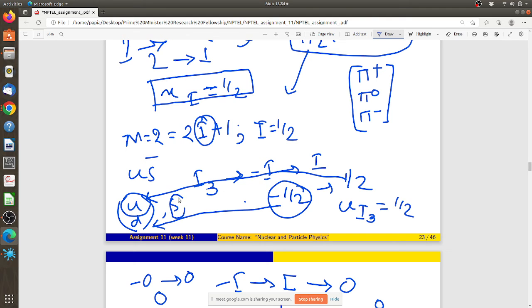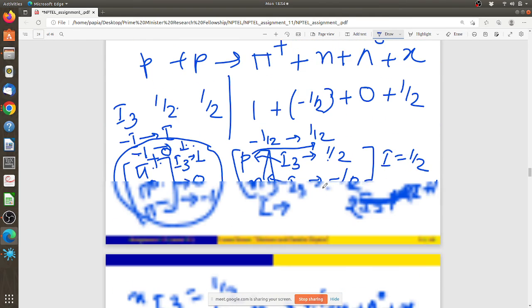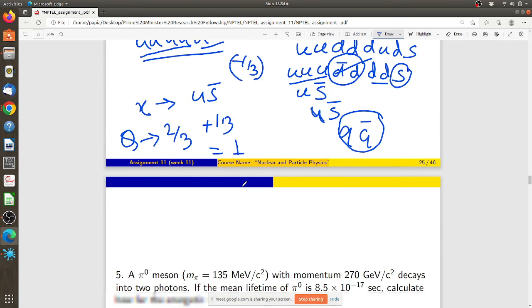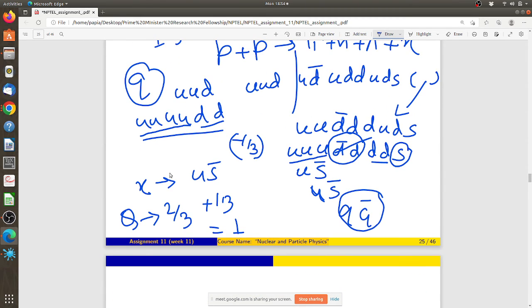Now S value of I is 0 because it's only one member, so I3 will also be 0. So X of I3 will be half plus 0, which is half. And X of I3 was actually half. So whatever we have taken, the quark combination U S bar, that is correct.